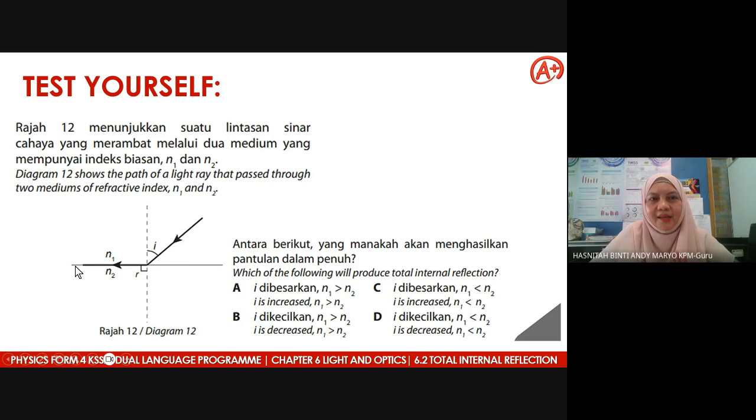So we understand here I is equal to C. When R is exactly 90 degrees, I is now also called the critical angle. The question asks: which of the following will produce total internal reflection?